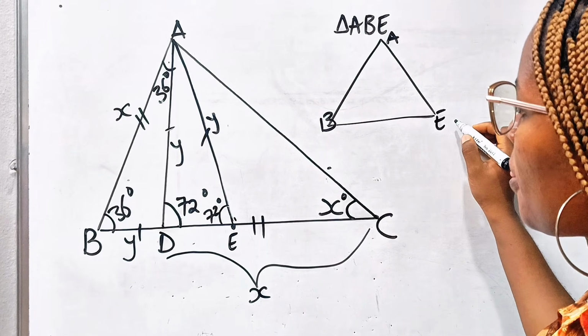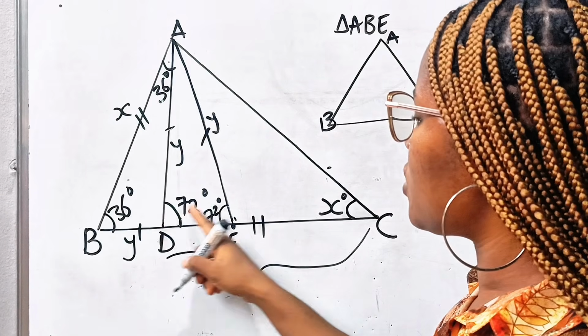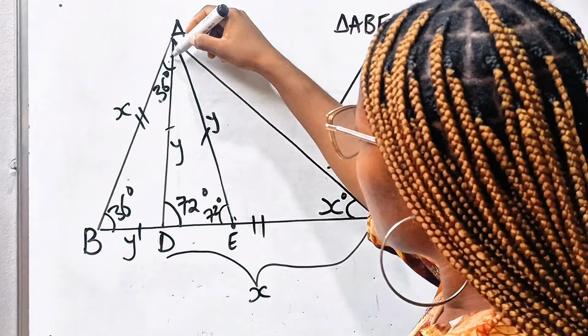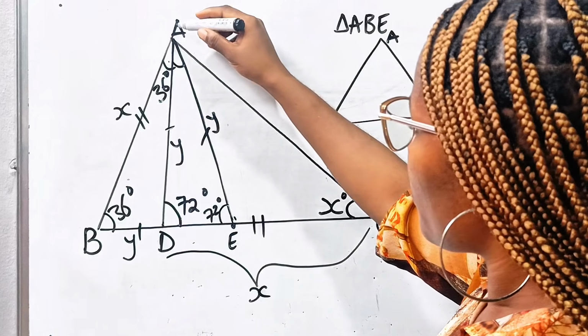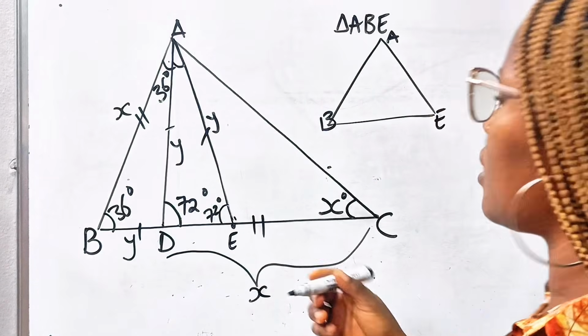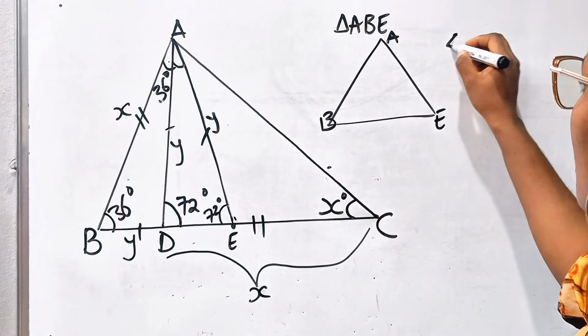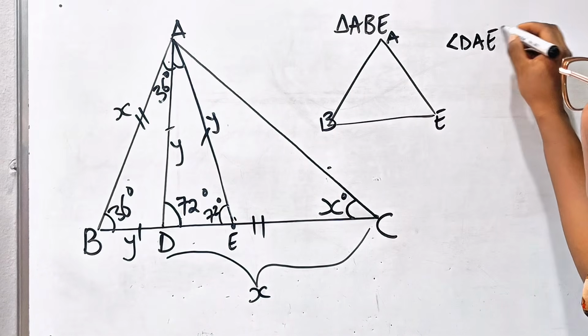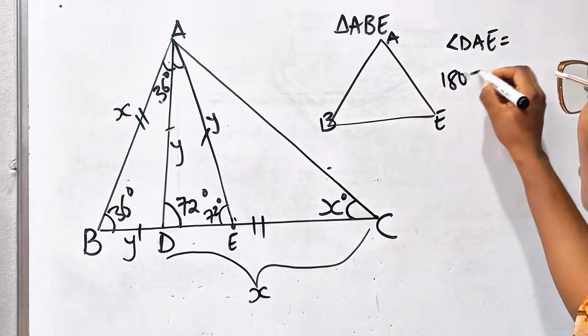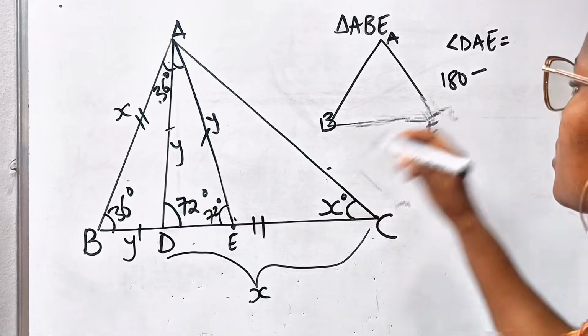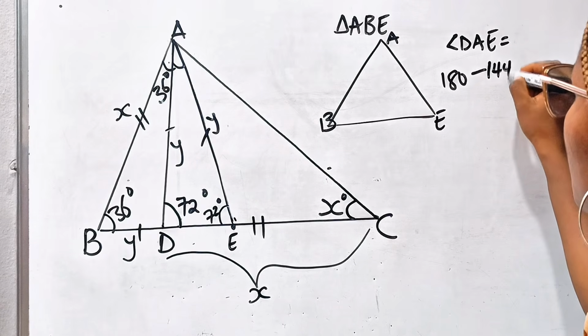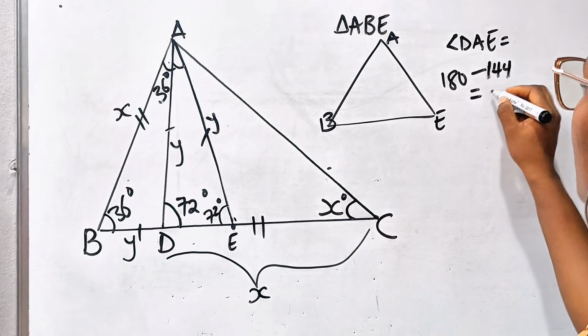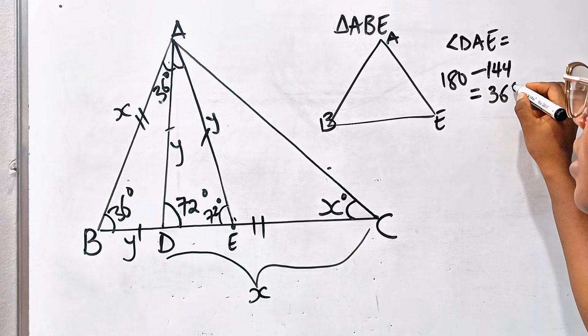All right. So if these two angles are equal, then for triangle DAE, let's do that first. Angle DAE will be equal to 180 minus 72 plus 72, which is 144, minus that... and this will give us 36 degrees.